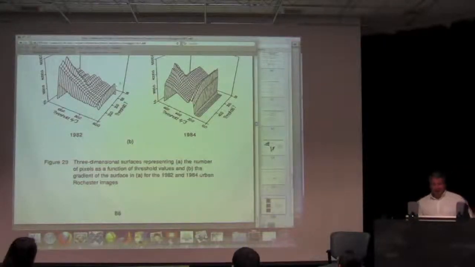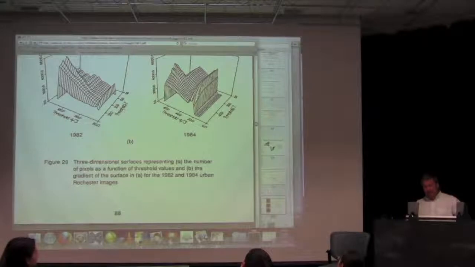And it turned out that when you plotted a ratio of band 4 to band 3 in Landsat versus band 7, and you thresholded those images, you formed a surface that looked like this all the time. And this saddle point right in here, if you could pick this point automatically, it picked the thresholds that you needed to apply to these ratios.